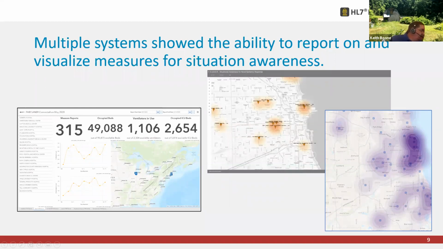We did actually borrow from IHE one of the things that they do, which is connectathon tours. So we did virtual tours 2 days during the HL7 connectathon, in which we demonstrated multiple systems, showing the ability to both report on and visualize measures for situational awareness.